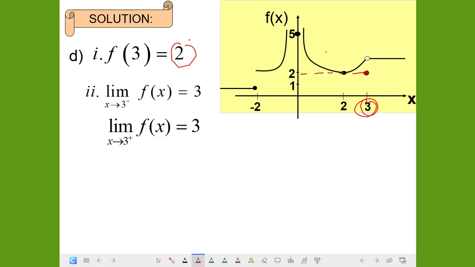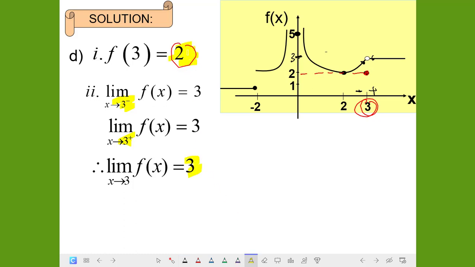The limit of f(x) as x approaches 3 from the left is 3, and from the right also 3. Therefore the limit of f(x) as x approaches 3 is 3.